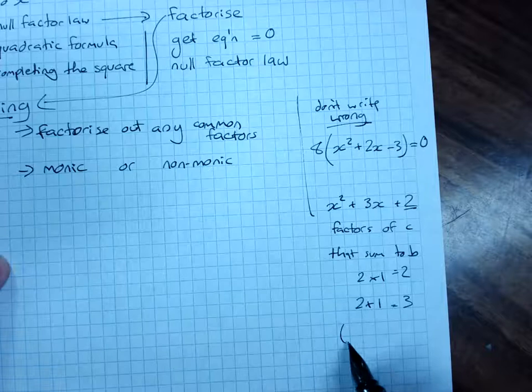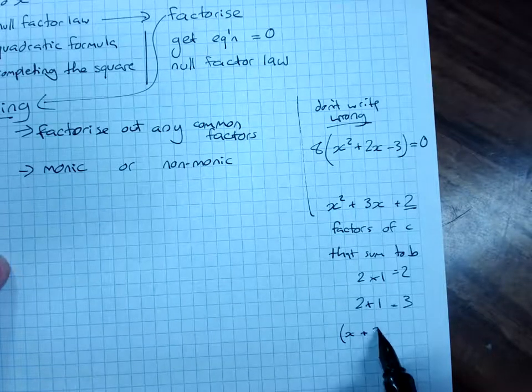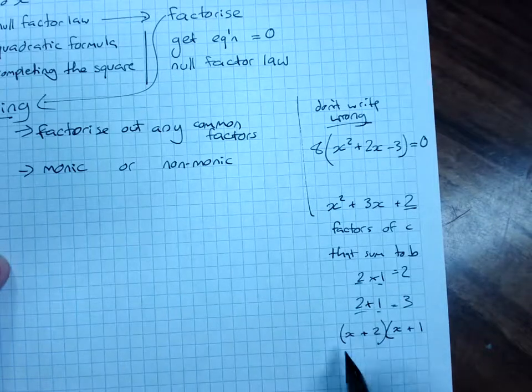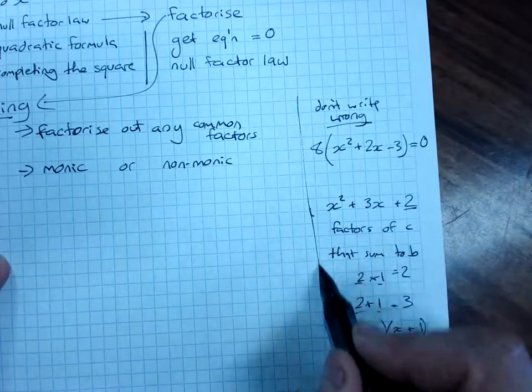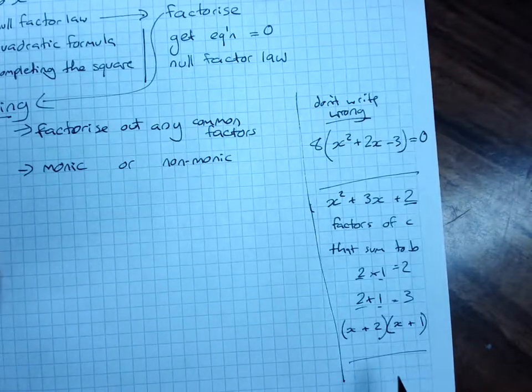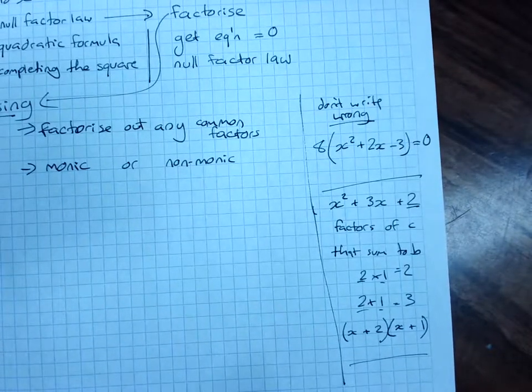And you would put those in your brackets, x plus 2, x plus 1, because those two are the numbers that go in the brackets. You've factorized a monic. But factorizing a non-monic, the steps are a little bit trickier.